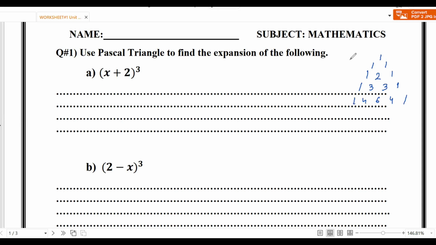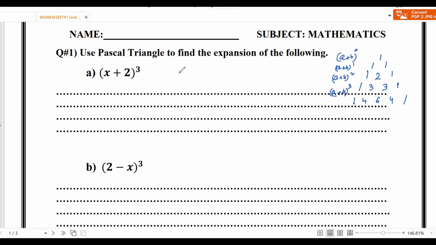The first row represents (a + b) to the power 0, the second row (a + b) to the power 1, then (a + b) to the power 2, and so on, (a + b) to the power 3. It means when we are looking for the expansion of (a + b) cubed, the coefficients are 1, 3, 3, and 1.